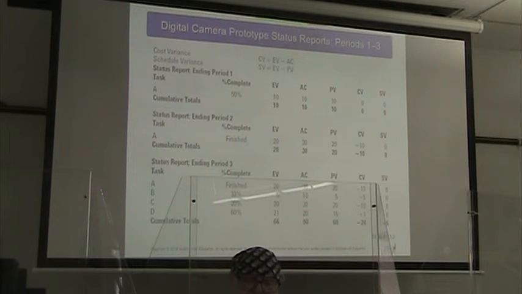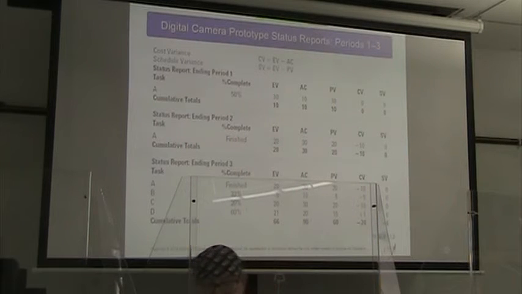So our status report ending in period 3, we have task A as already finished, so we've earned that value. Task B is 33% finished, C is 20% finished, and D is 60% finished.